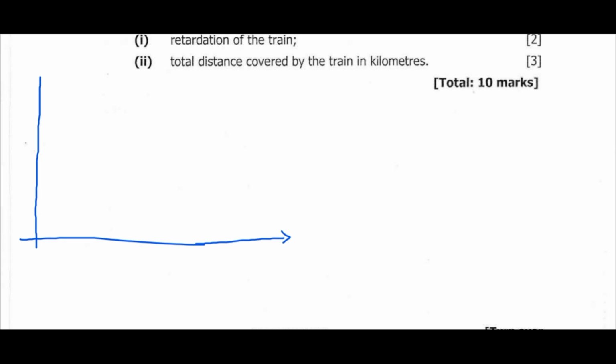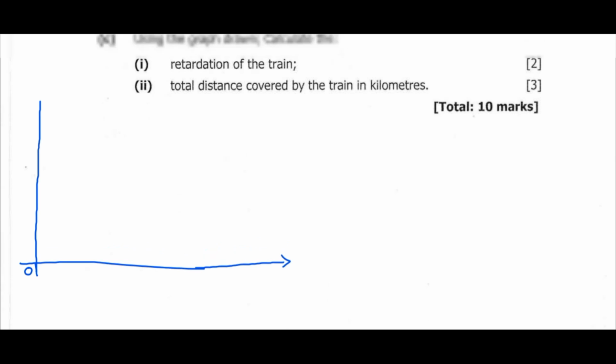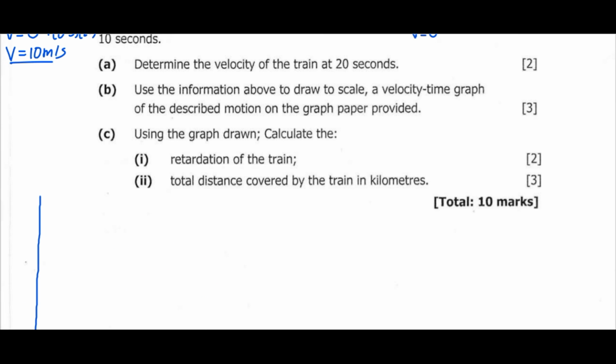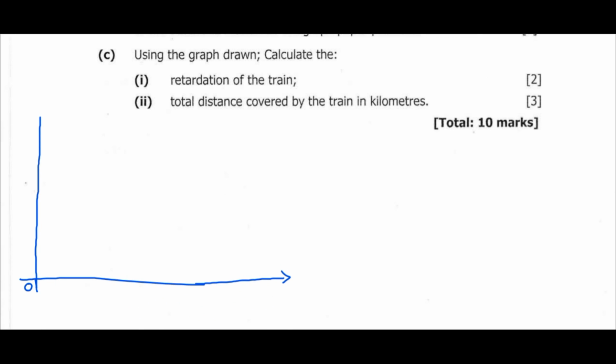Since it started from rest, we start at 0. The greatest number on the y-axis is 10. On the graph paper you can use 2, 4, as long as you reach 10. Let's say we use 5, then 10, then 15. This is velocity in meters per second.